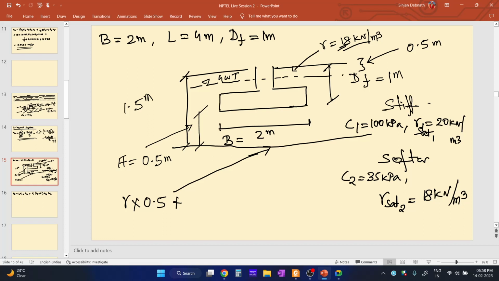this portion. This portion is totally submerged, so we need to consider the submerged unit weight of this part. So gamma 1, let it be gamma 1. And what is the height of this part in total?